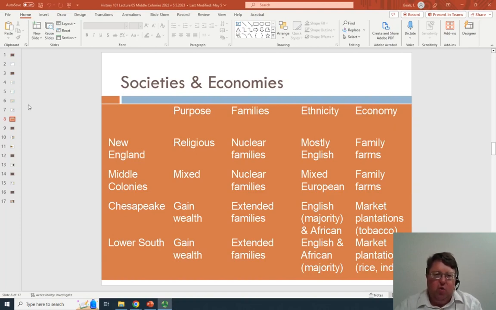Diseases, Indian wars, and then living, for African slaves or African American slaves, life expectancy is not terribly long, and so that's going to lower the life expectancy of the region.